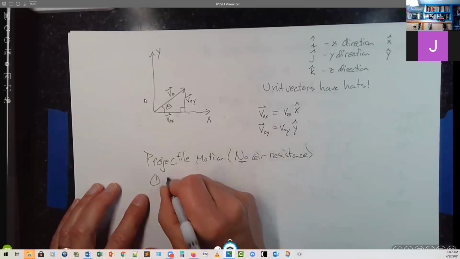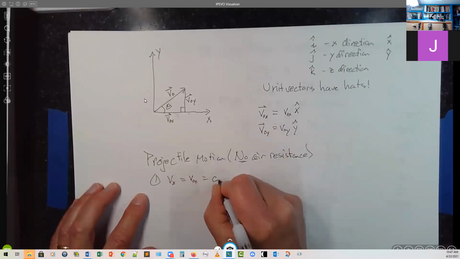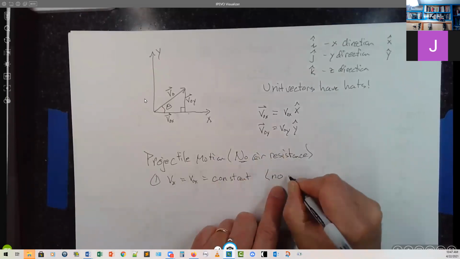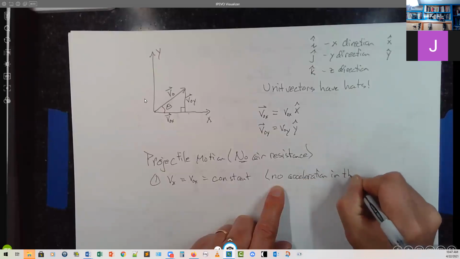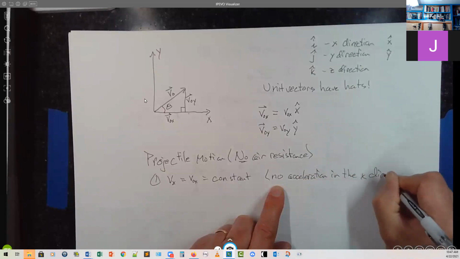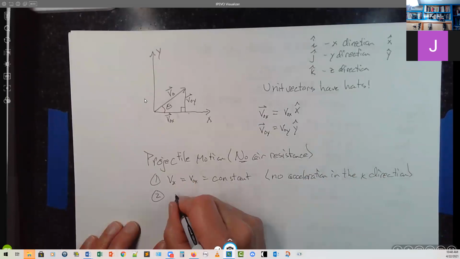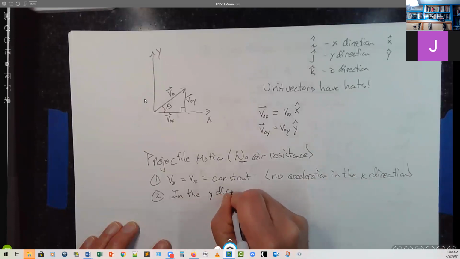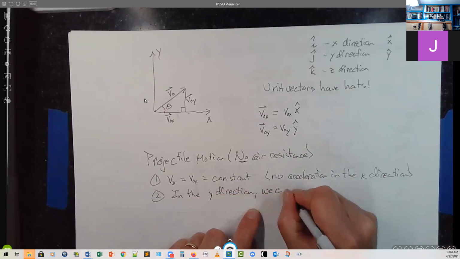One thing is that v sub x, which equals v naught x, is going to be constant. There's no acceleration in the x direction. And another thing is that in the y direction, we can use free fall equations.